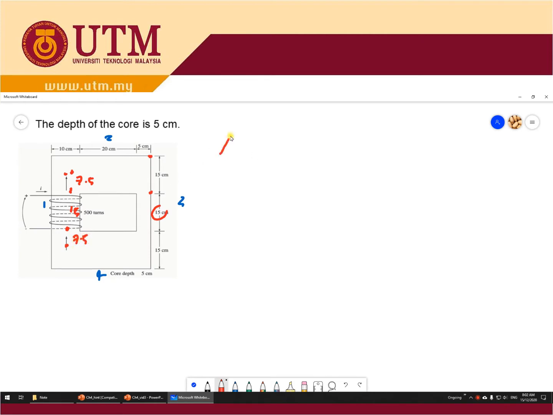So L1 is 7.5 plus 15 plus 7.5, which gives 30 cm. Don't forget to change it into SI unit, so 0.3 meter.